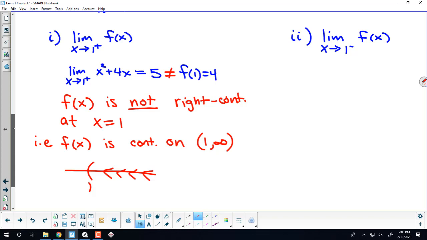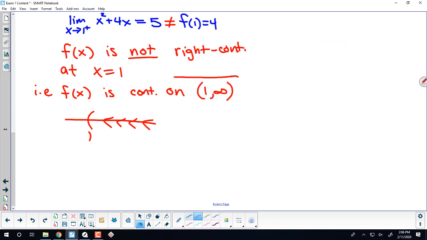The left and the right limits aren't the same, therefore the two-sided limit doesn't exist, right? So let's remember this, because we were asked for intervals of continuity. We already have half of part B or part C, I don't remember.